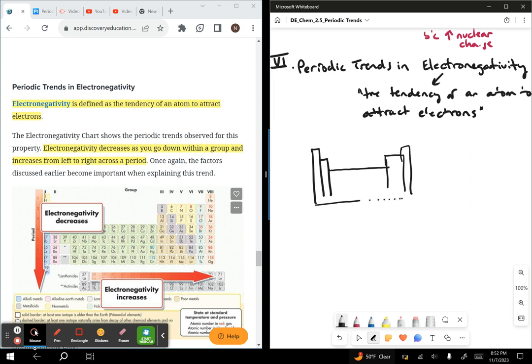This is just a periodic table, and our general trend decreases as you go down, and as we go this way, electronegativity increases.